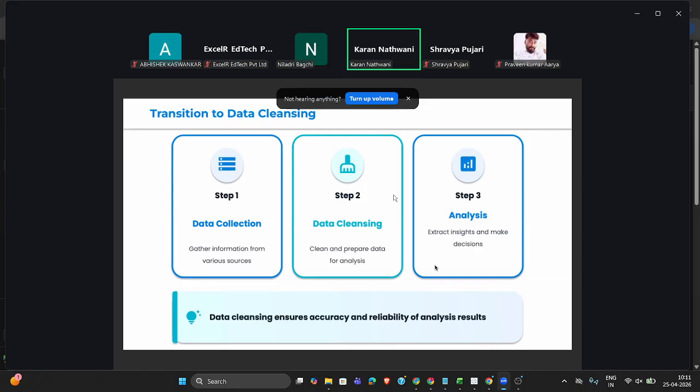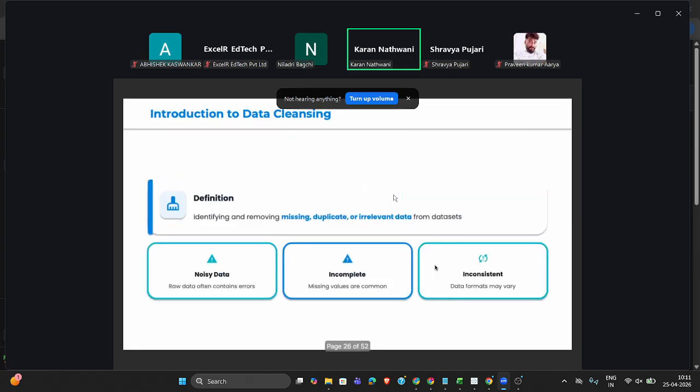A second analysis can be done; they may try to do something new on top of your analysis. So the reliability of your analysis has to be absolutely spot on, because it should not have any kind of errors, since many analyses can be done on top of your analysis.